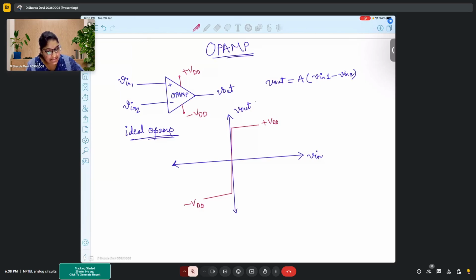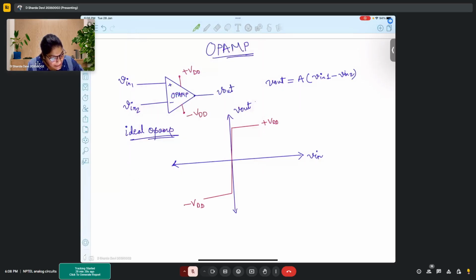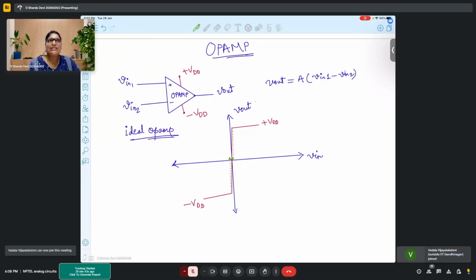So if you see in this particular graph, for the output to saturate, the amount of input that you can provide is this small, right? So the input range of your op-amp is very small. But you know that all the signals that you receive, so let's say the signals that you obtain from any sensors and all, those signals are in few micro to milliamperes, right?